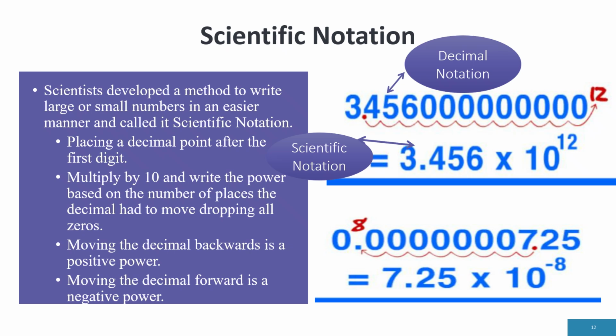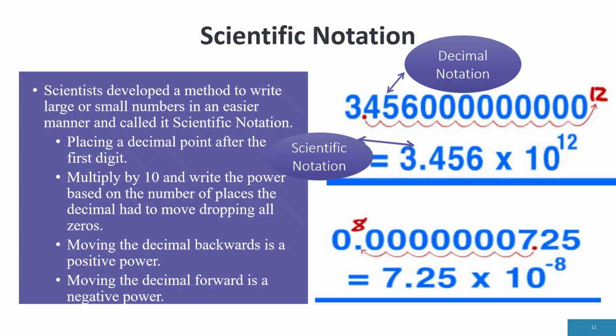Let's go ahead and go over it one more time. If you are moving the decimal backwards, it's a positive power. If you are moving the decimal forwards, it's a negative power. So what I want to say again, if I am making a very small number look bigger or look nicer, I am going to make it look more scientific by moving the decimal in front of the first digit, and then all these zeros to the left side are going to be negative.